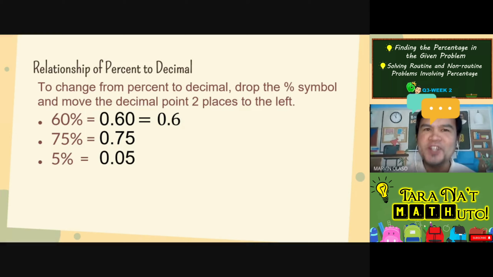Take note of this, no? Kapag single digit yung ating percent, lalagyan natin ng point zero bago yung single digit. Just like 3%, it is equal to 0.03 or 3 hundredths. Alright? Don't forget this because later we will be using this in our lesson.